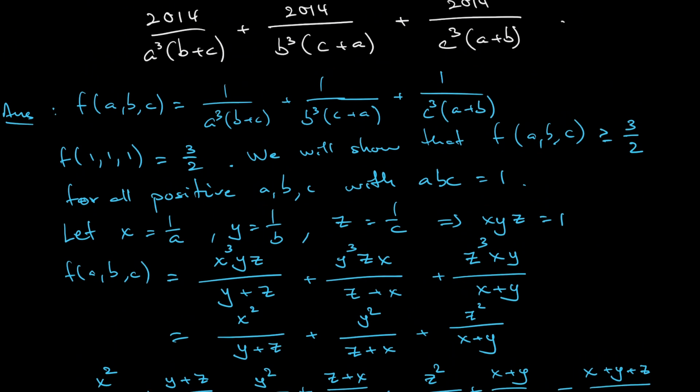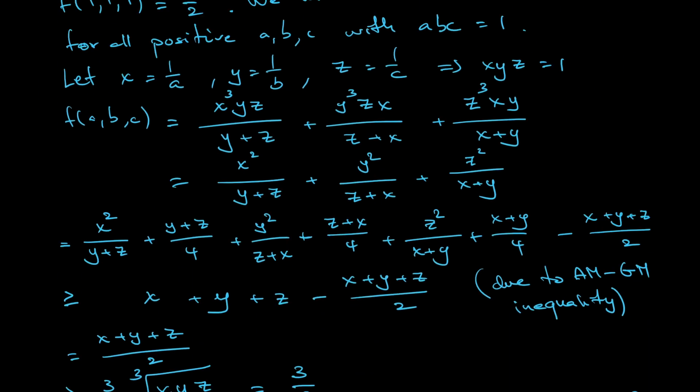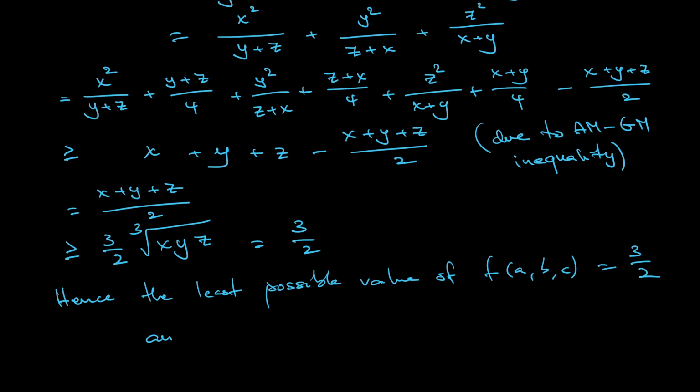The question asks for 2014 times that. So basically the answer would be just equal to 2014 multiplied by 3 over 2, and that will give you 3021.